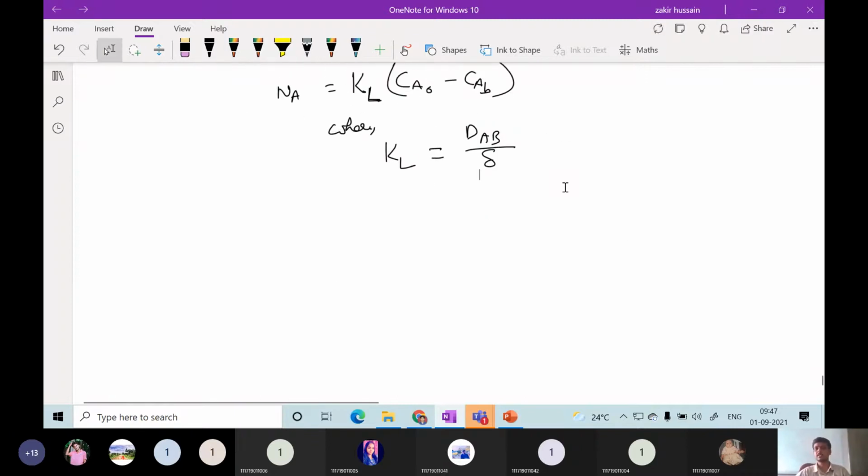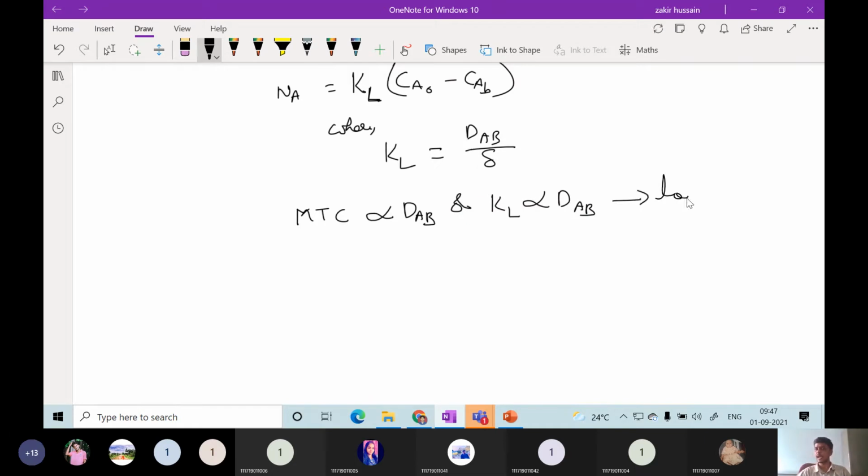So from this equation, mass transfer coefficient KL is directly proportional to diffusivity, which is valid for laminar flow.